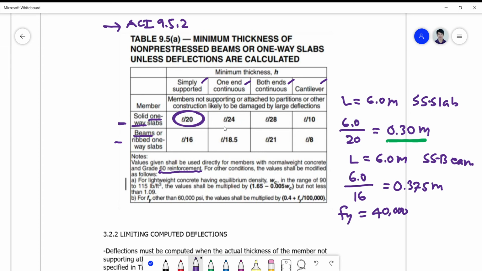I just insert 40,000 divided by 100,000 there, so I get 0.4. So this is 0.8 of 0.375 or 0.8 of 0.3, if my Fy has a yield strength other than 60,000 psi.